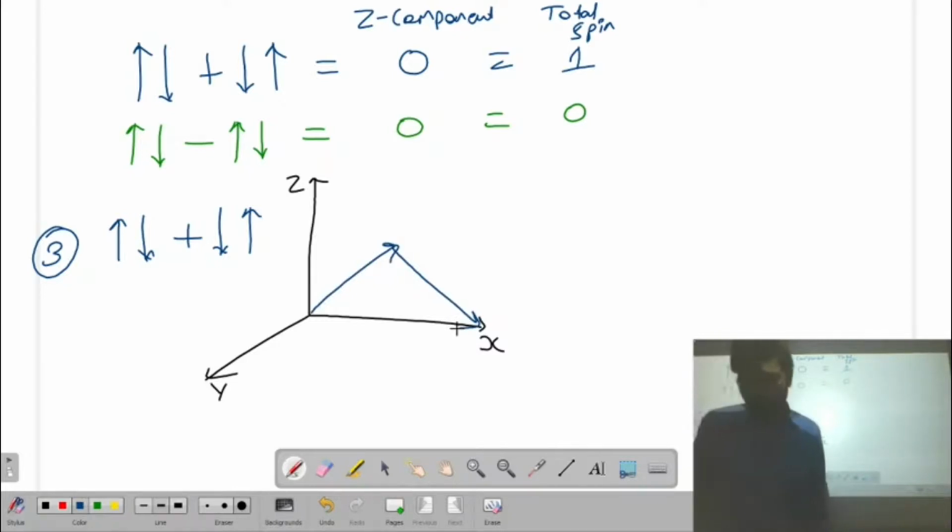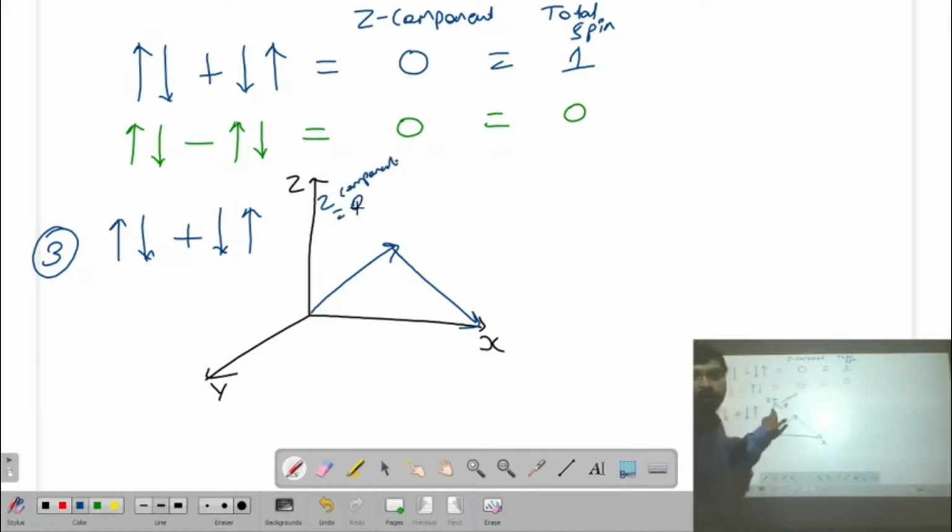Remember, over here we are not getting z component. Z component equals to 0.